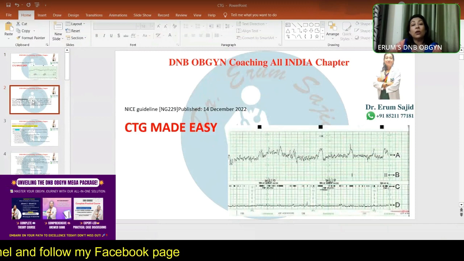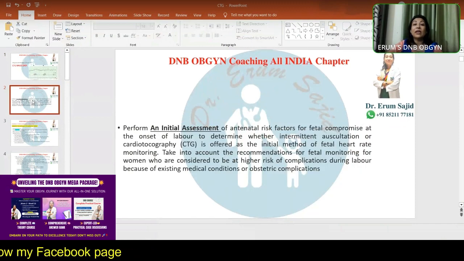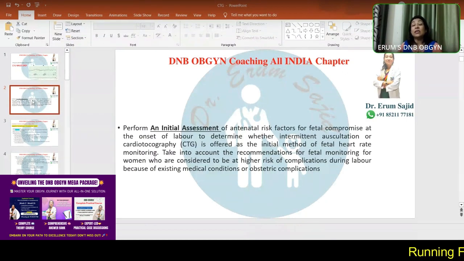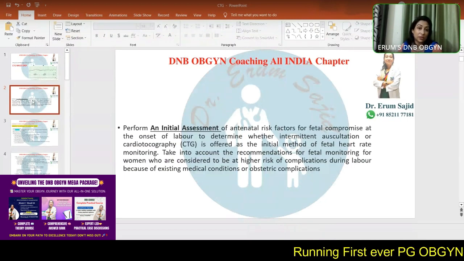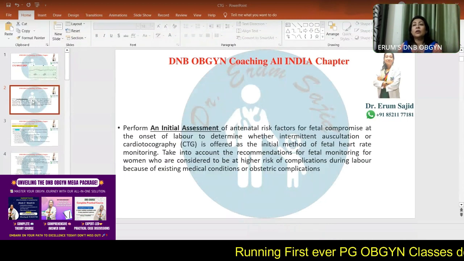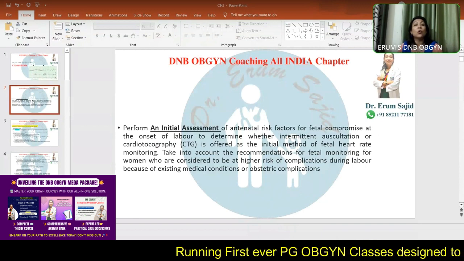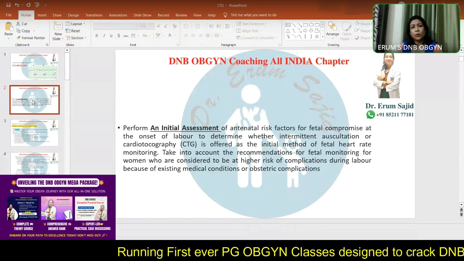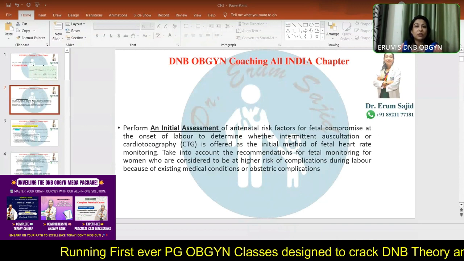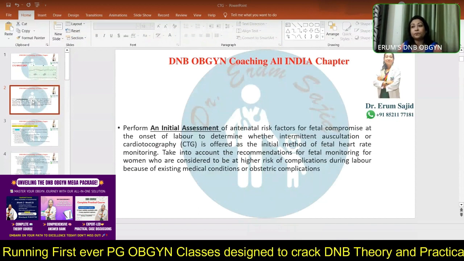So first of all, the initial, very important thing we perform in the labor room is to understand whether this patient needs continuous CTG management or just intermittent auscultation, right? So if she's a young primary gravida with no high risk factors, she can be put on intermittent auscultation during the first and second stage of labor, right?